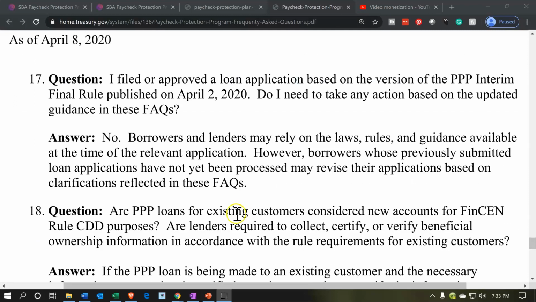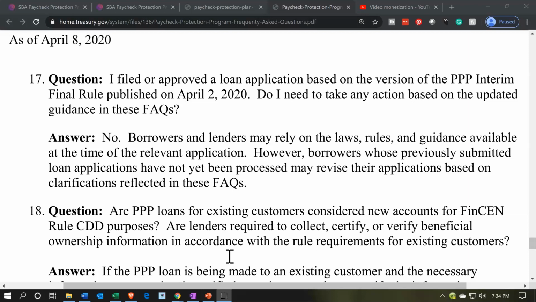Question: I filed or approved a loan application based on the version of the PPP Interim Final Rule published on April 2nd, 2020. Do I need to take any action based on the updated guidance in these frequently asked questions? Answer: no. Borrower and lender may rely on the laws, rules, and guidance available at the time of the relevant application.